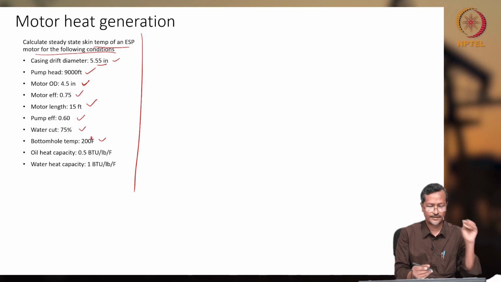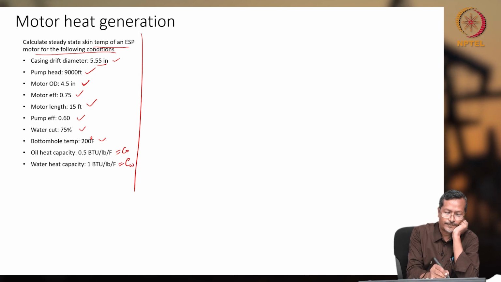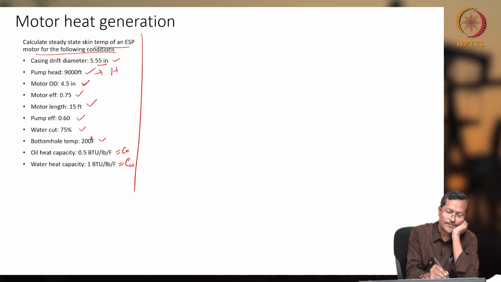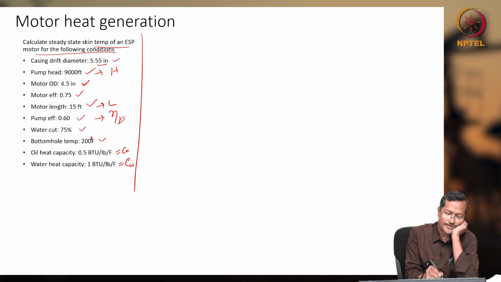First, oil heat capacity C oil and water heat capacity C water are given. Pump head H, motor length L, and pump efficiency eta pump are given.